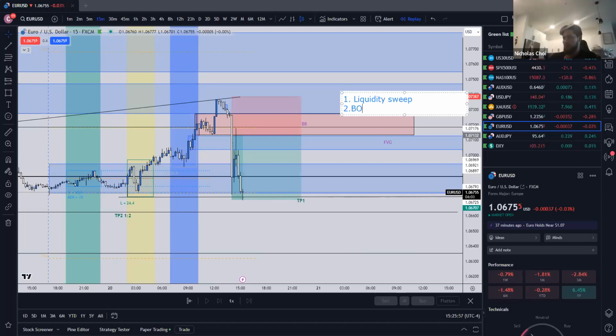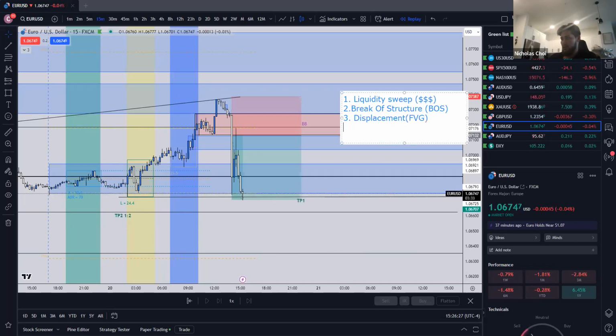Liquidity sweep, break of structure, entry.